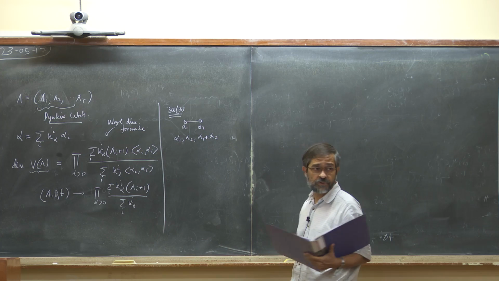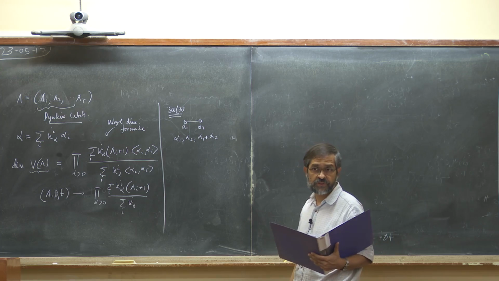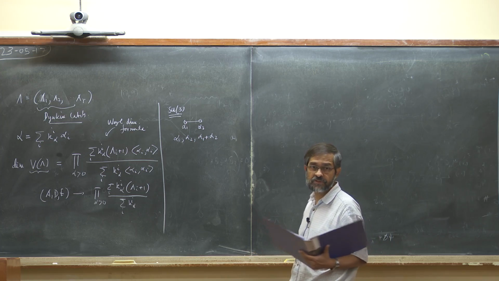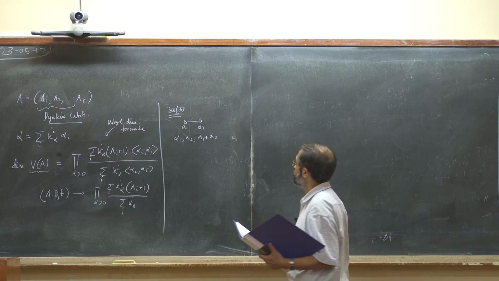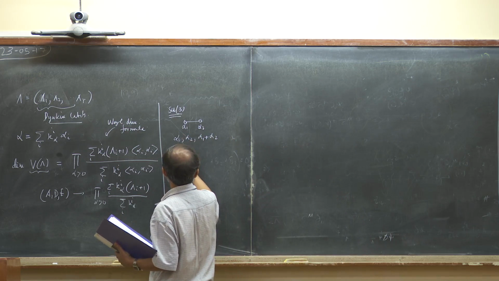Those are all the positive roots, so there are 3 positive roots, 3 negative roots and 2 Cartan subalgebra elements. That gives you the 8 generators.